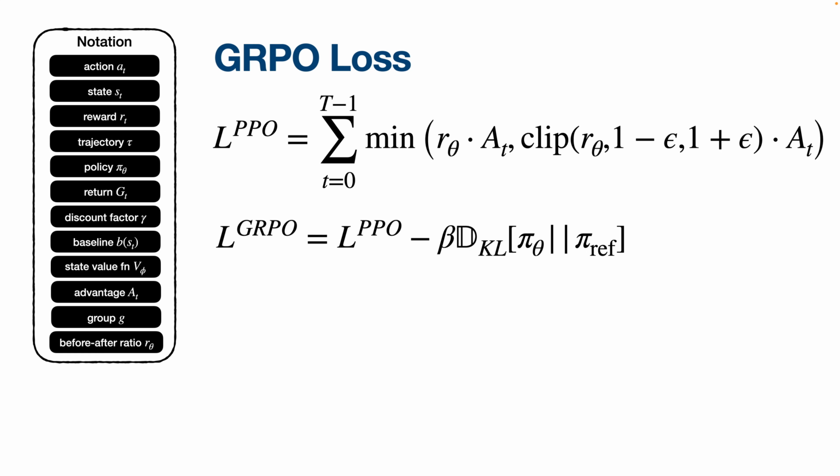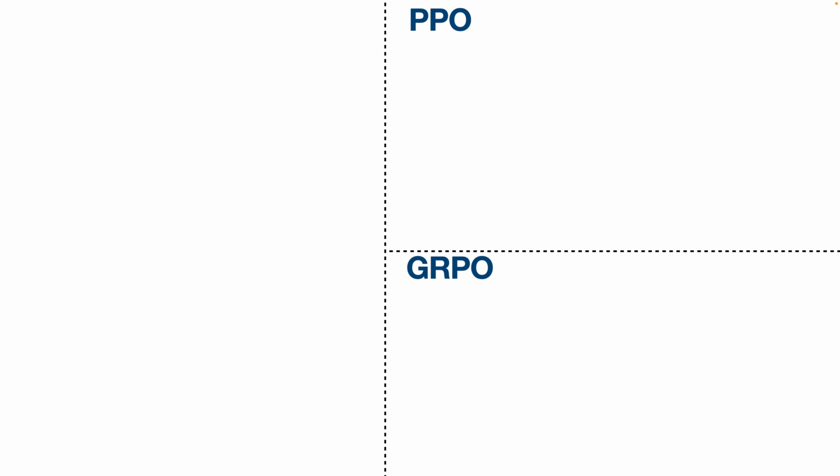GRPO takes the KL divergence between the current and the reference policy, which is a sort of distance measure between the two distributions. So not only are we keeping the model close to its state before the current training step via clipping, but also close to its original state via this extra loss term. Intuitively, this is needed to compensate for the many GRPO oversimplifications, like removing the state value function, which introduce more variance compared to PPO.